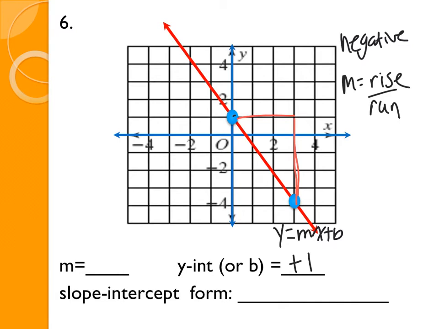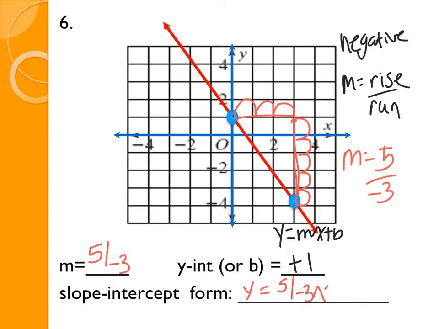So I made my slope triangle. I'm going to do my rise. 1, 2, 3, 4, 5. I'm going to run to the left, which is going to be negative, -1, -2, -3. So my slope is 5/-3. Write it in slope-intercept form. Y equals 5/-3x plus 1.